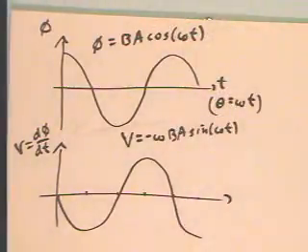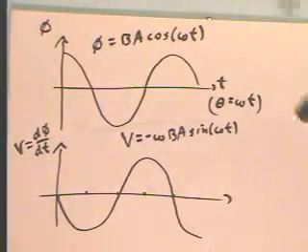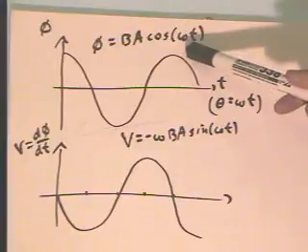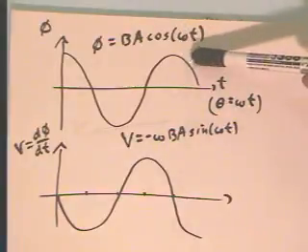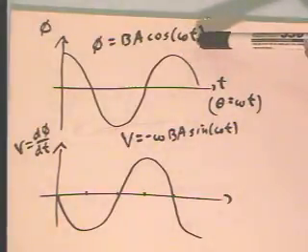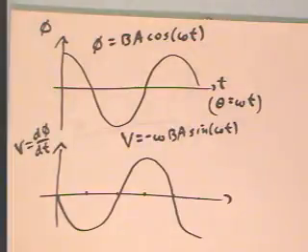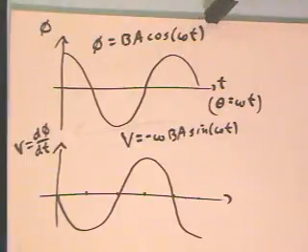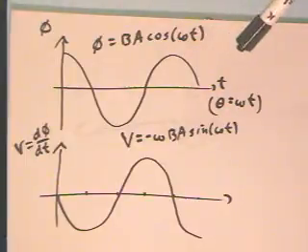And the angle changes at a constant rate, and we're familiar with the idea of angular motion at a constant rate. Omega is going to stand for the angular velocity in radians per second. T is going to stand for the clock time. And the angle is just going to be omega t. The number of radians per second times the number of seconds gives you the angle.